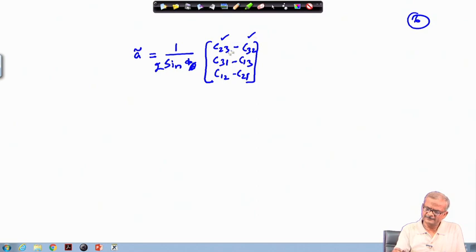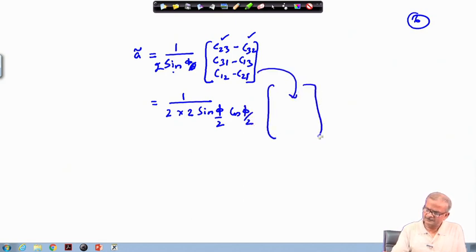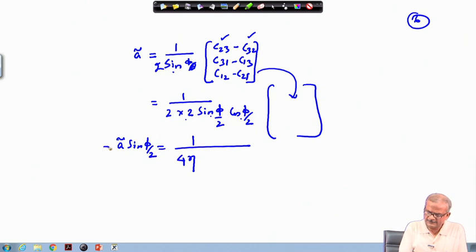These quantities are given, and from here we have to go back to this. This part can be broken as 2 times 2 sin phi by 2 times cos phi by 2, multiplied by the quantity here. So, we see this can be written as 4 cos phi by 2, which is eta, and the sin phi by 2 we can take on this side, and this we can write as epsilon tilde.